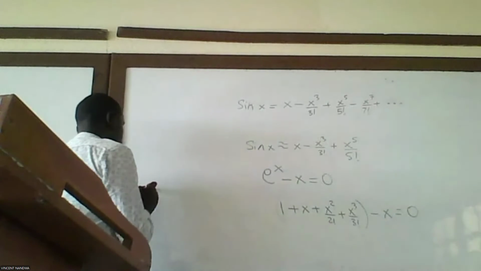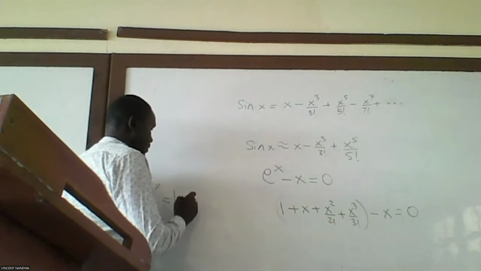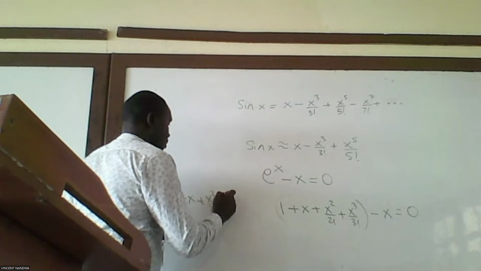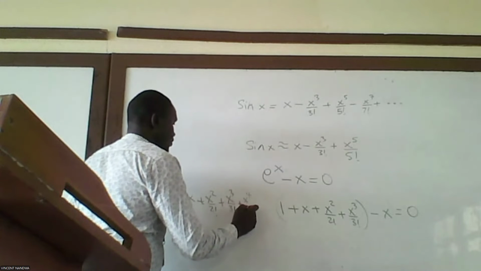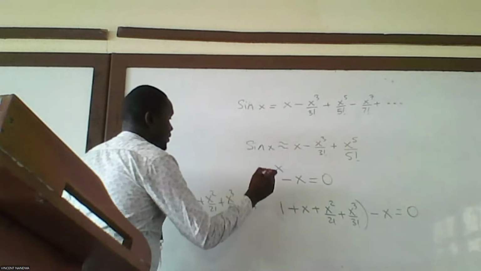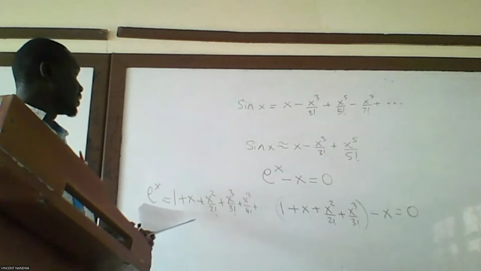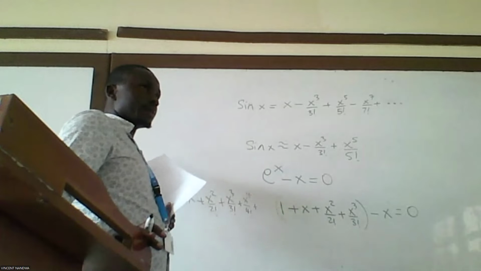Because you know, e power x by default is given by 1 plus x plus x squared over 2 factorial plus x power 3 over 3 factorial plus x power 4 over 4 factorial plus several other terms. So these are the infinite series for the exponential e power x.